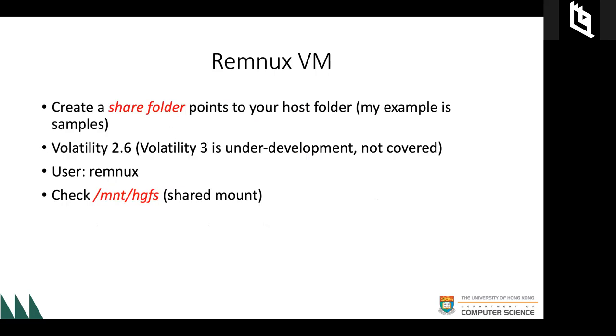We are using the REMnux virtual machine, and usually the memory image dump is at least 1 gig, 2 gig or 4 gig, depending on how much physical RAM was installed in the machine being analyzed.